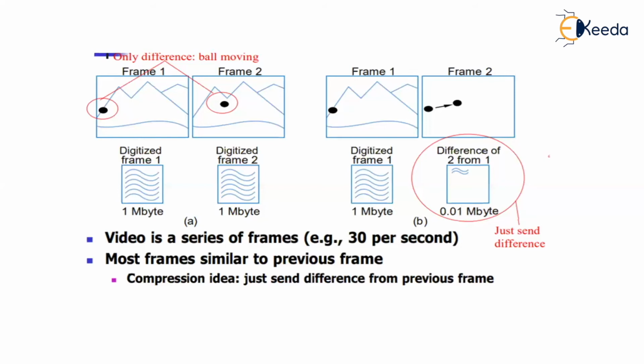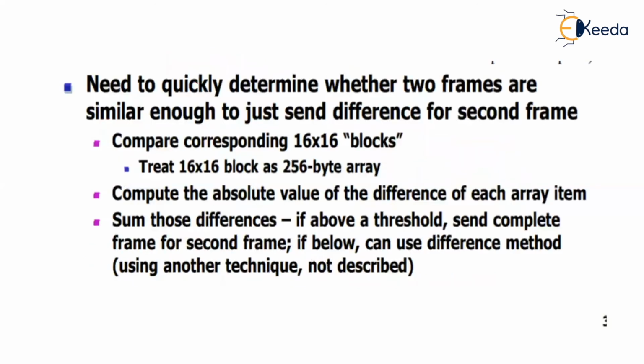So is it clear? Now we are going to determine, suppose there are 2 frames that are similar enough, to send the difference for the second frame. Now I have done the comparison, and I have found the absolute value of the difference for each array element. Different pixels might have changed.